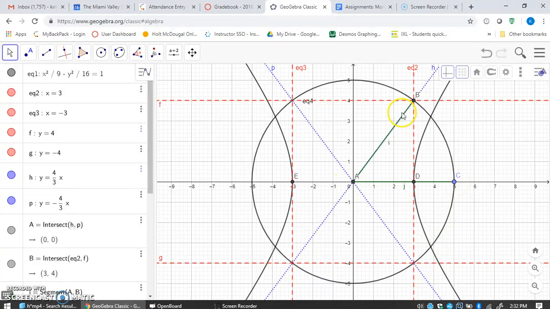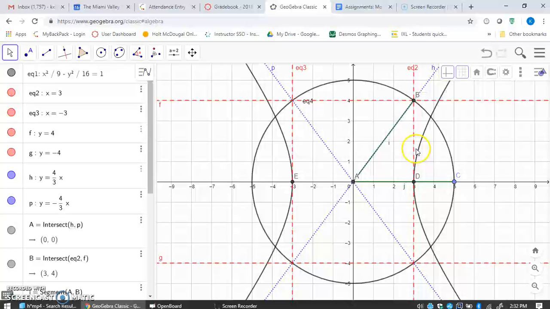So this line, which is the hypotenuse of this right triangle, is the same length as the length between A and C. And this is your focal distance. In order to find your focal distance, this is actually a squared plus b squared equals c squared. You can use the Pythagorean theorem to find this distance.